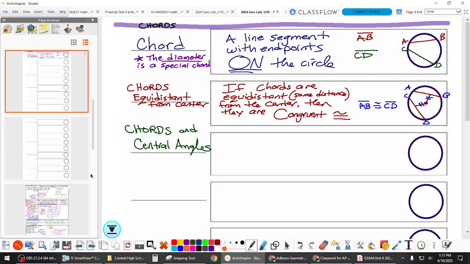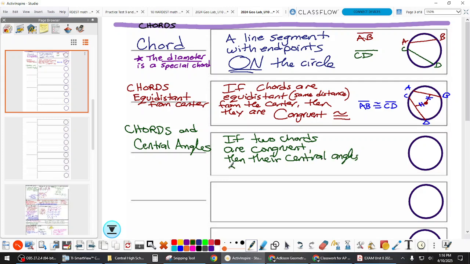What was true about chords and central angles? Okay. If two chords are congruent, what's true? Then their central angles are congruent, right?